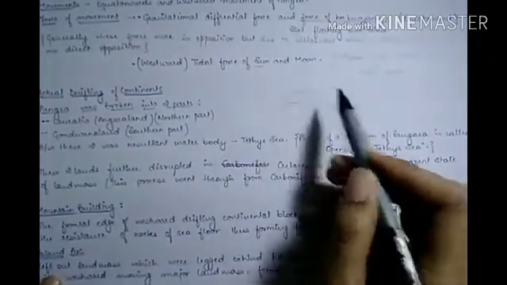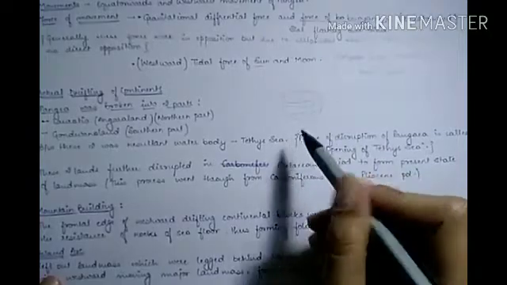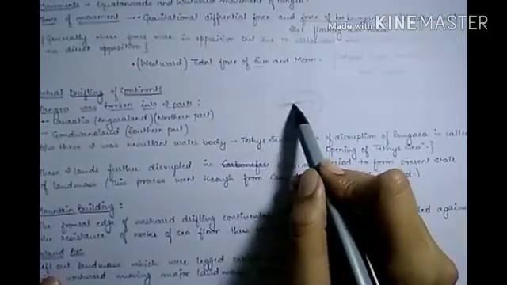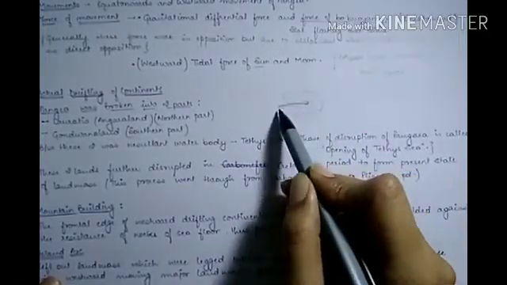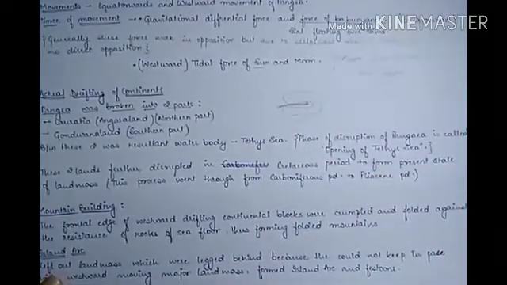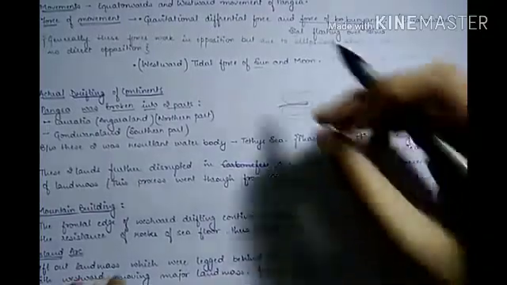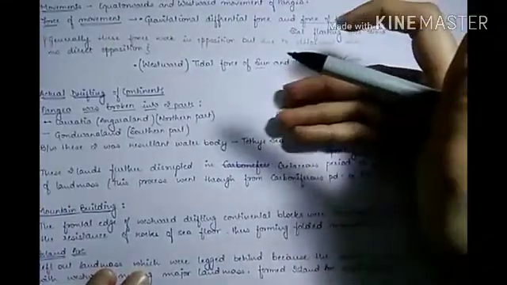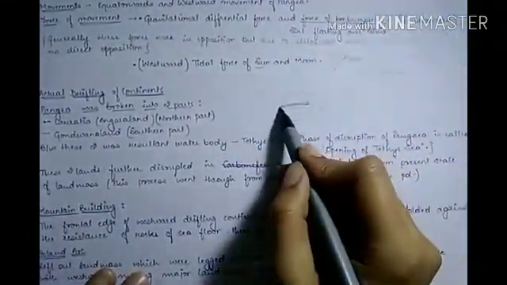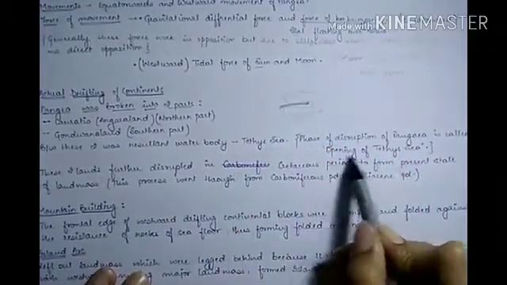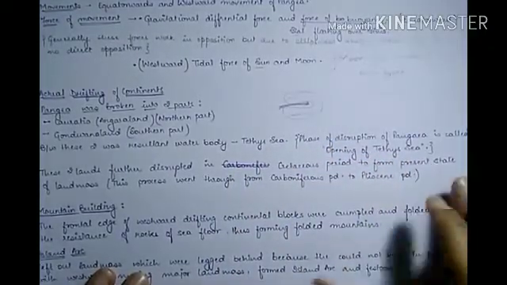Laurasia or Angara land, and this is Gondwana land. Between these two, there was a resultant water body known as Tethys Sea. When Pangea was disrupting, this phase was known as the opening of Tethys Sea.